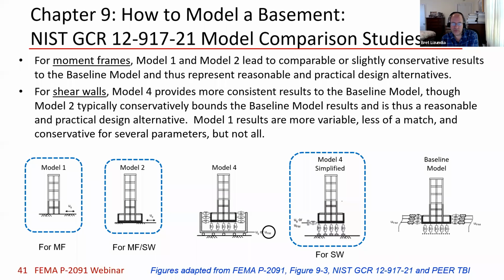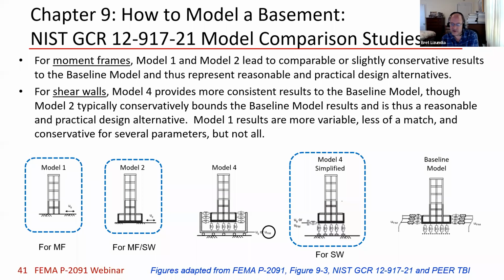Model 4, the bathtub model, was that the bathtub has these springs and dampers that are connected to the building that's inside of it, and you basically apply the ground motions that you may or may not modify to the bathtub, and then you wiggle the bathtub back and forth and the building wiggles around inside of it.